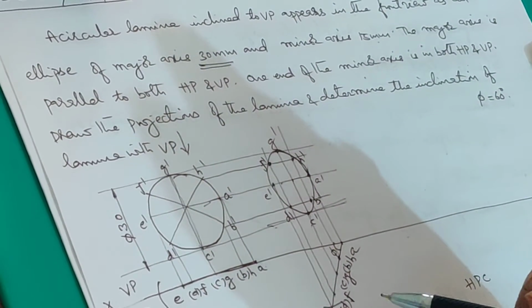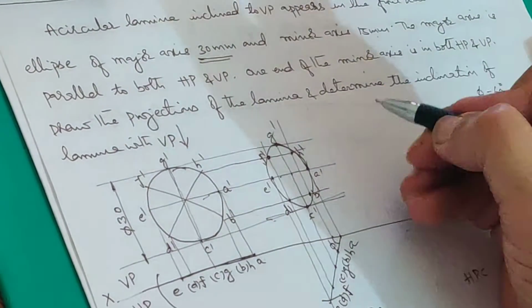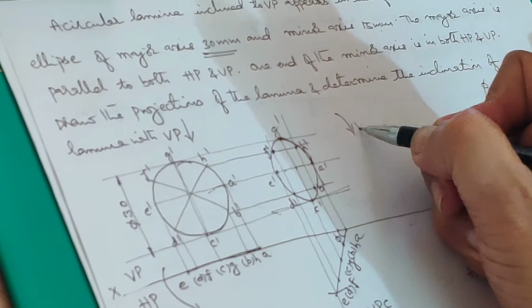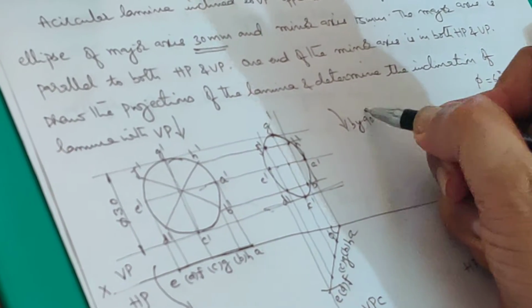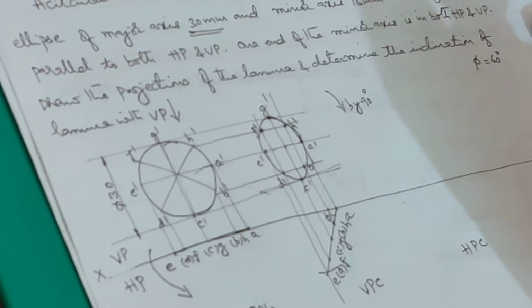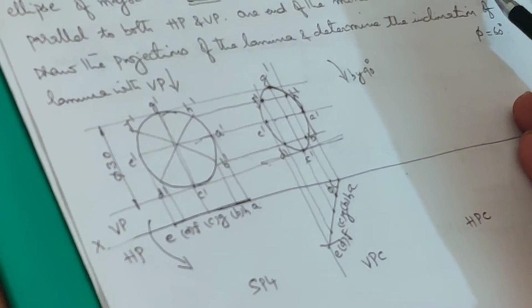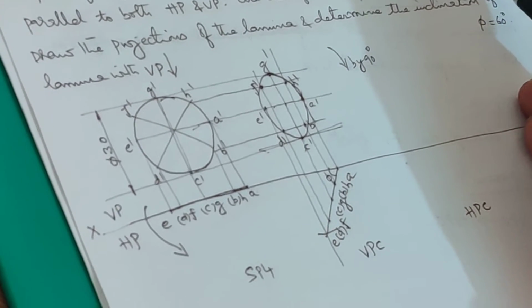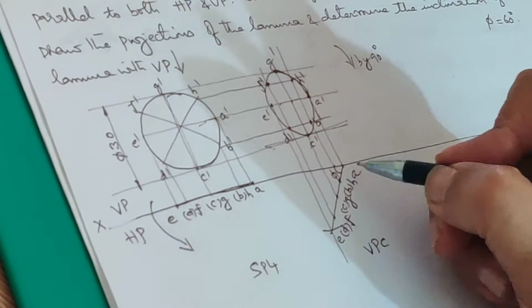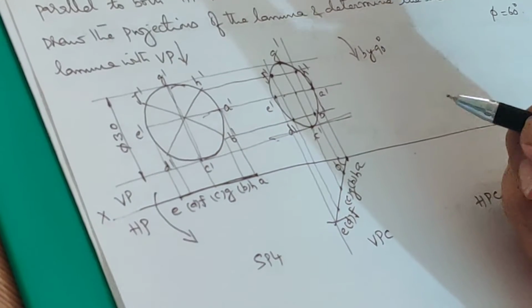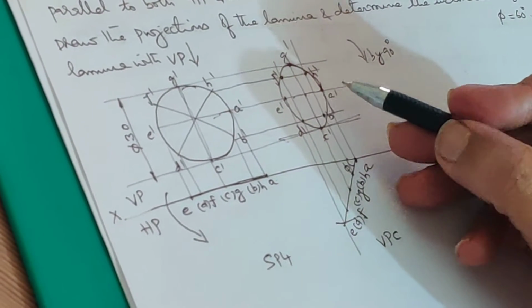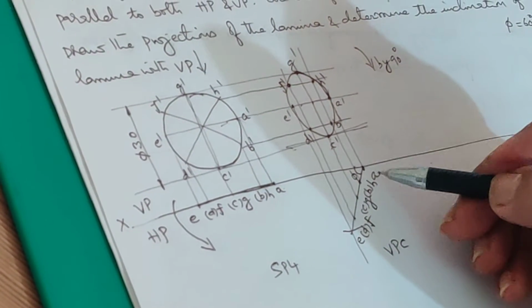Now right now it is perpendicular to HP. To make it parallel to HP, I must rotate it by 90 degrees. That is one condition. The second condition is that one end of the minor axis is on both HP and VP. So A is already there on VP, so I also want A on HP. That's the condition to be satisfied.